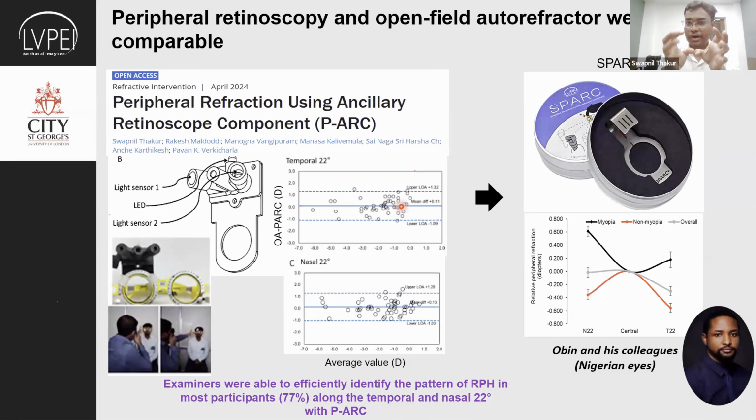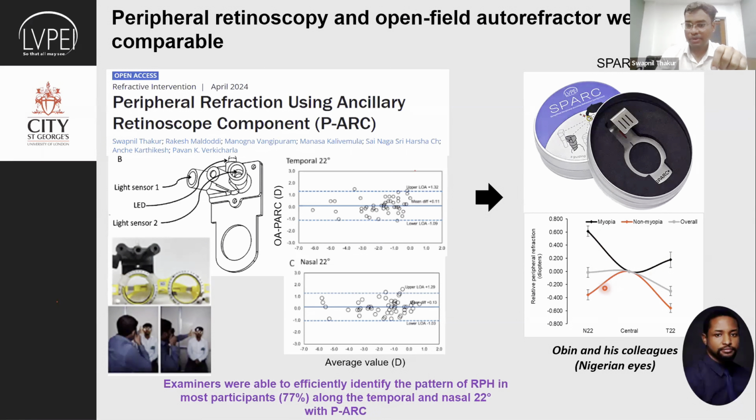Apart from PARC, we have a non-electronic version, which is SPARK. Obinna and his colleagues are doing a study evaluating the relative peripheral refraction in Nigerian eyes, and the findings are very interesting. If you follow this black line, this is the data from myopic eyes, and this clearly shows that in the nasal meridian there is a relative peripheral hyperopia.